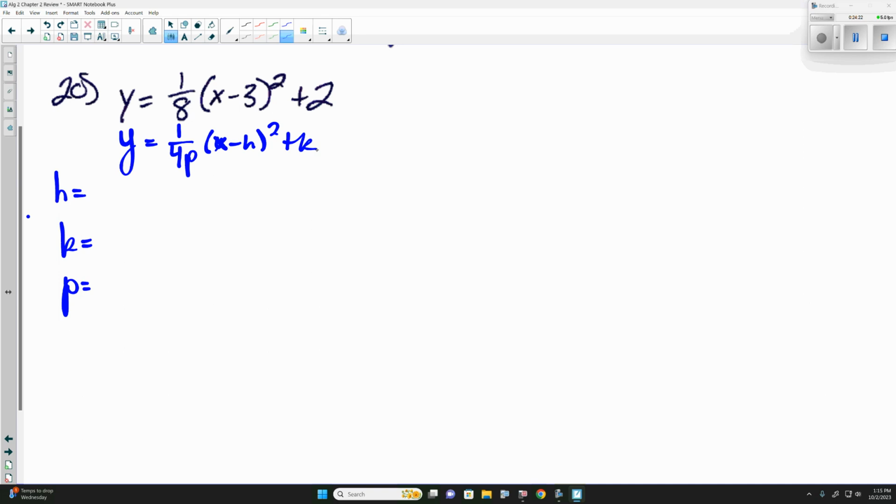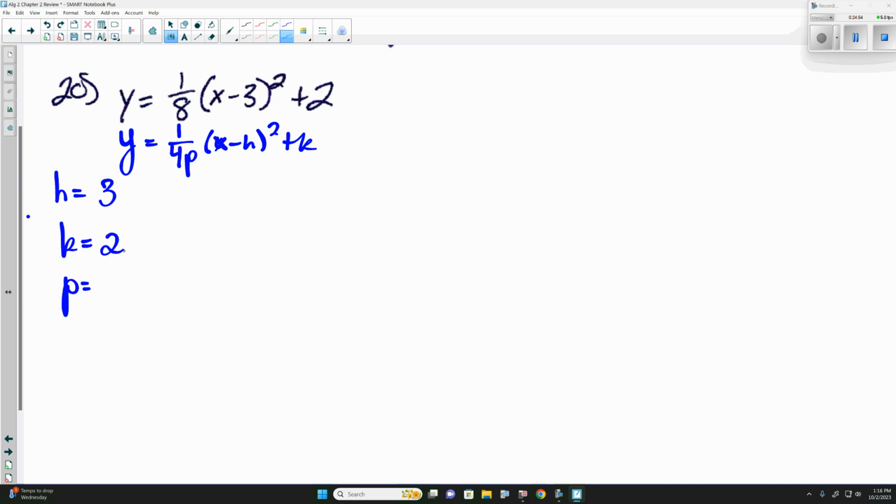Since we start off with y equals, its general form will be y equals 1 over 4p times x minus h squared plus k. And if we're looking at this here, what's the value of h? 3. Since it's minus 3 inside the parentheses, it will come out as positive 3. Our k value would be positive or negative? Positive, because it's plus 2 outside the parentheses, it will stay positive 2.